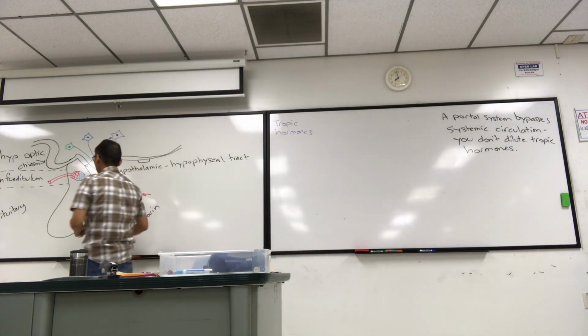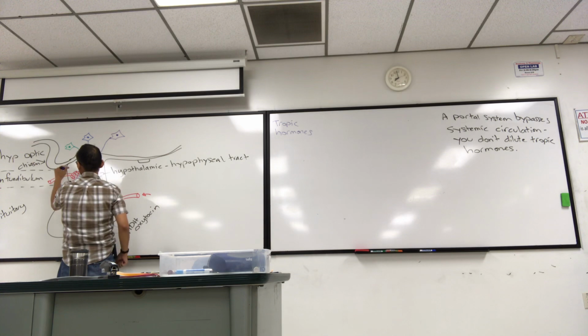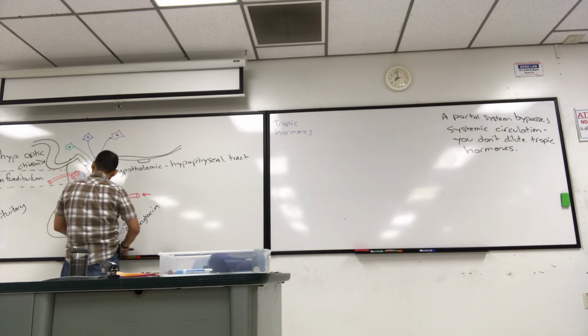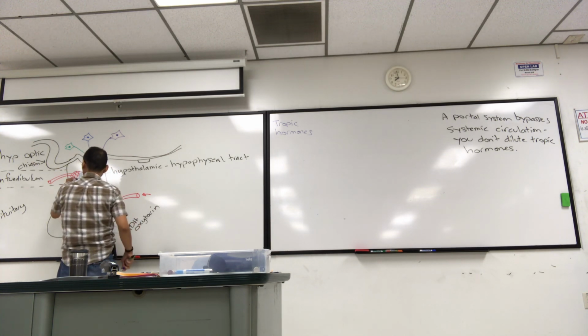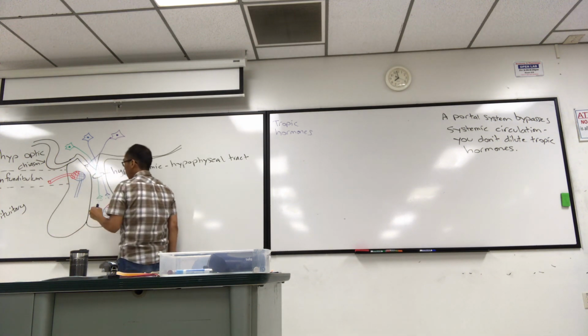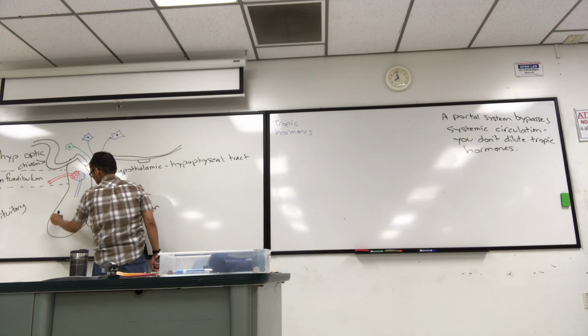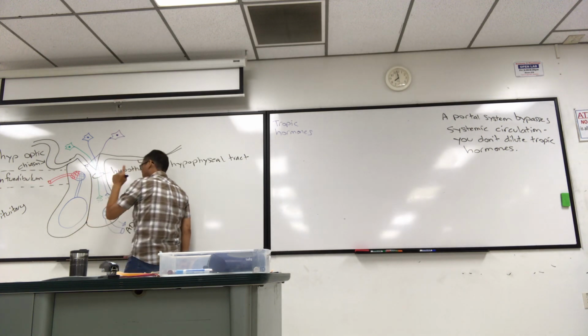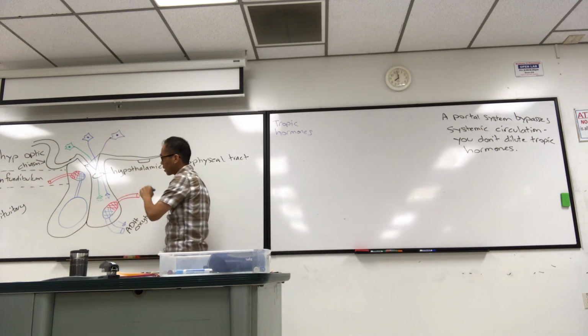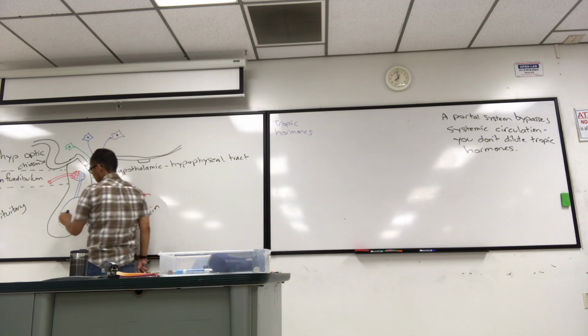Again, I'll draw a vein. It's going out here. There might be more than one, but I'm just going to draw one for simplicity's sake. And I'm going to draw my cap bed 2 down here. I'm not going to cross hatch it, but I'm going to make it all blue. And I'm going to draw a vein coming off that.